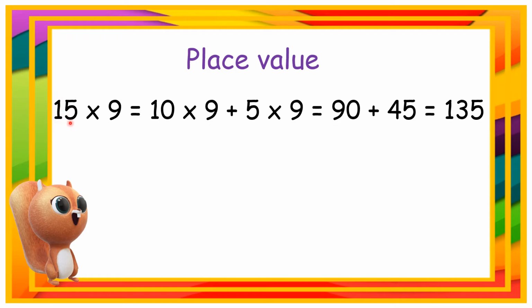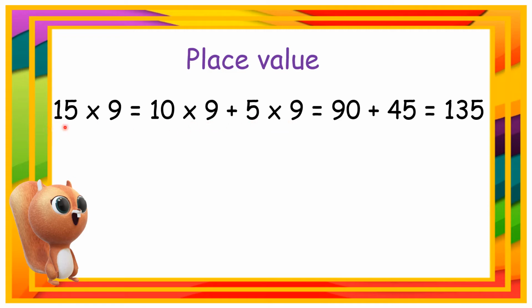So I'm going to represent 15 as 10 multiply 9, which is our second factor which we are multiplying with, plus how many ones? 5 ones. So we have 10 multiply 9 plus 5 multiply 9. This makes my multiplication easier.